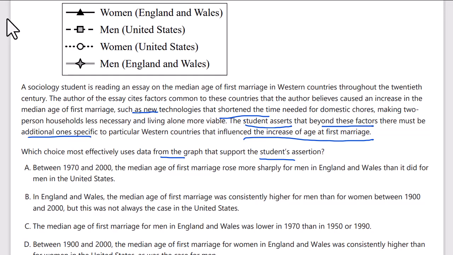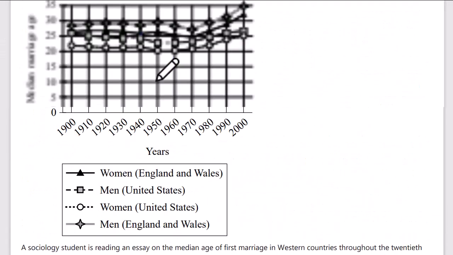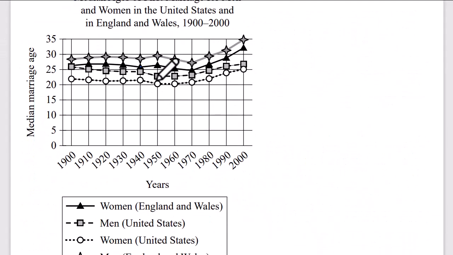How would we tell that from the chart? The other factors, because the chart itself does not say anything about factors. It's just the ages over time. Well, the way we tell that is differences in median ages over time among the groups.